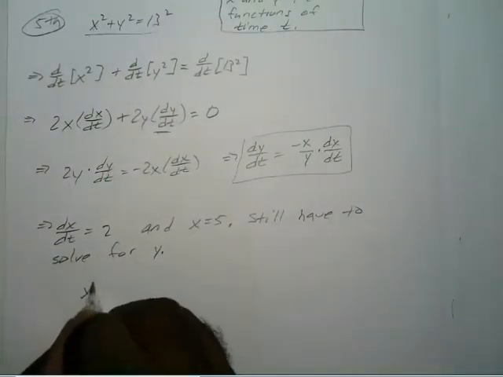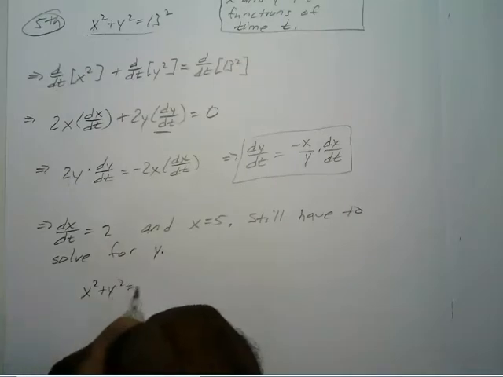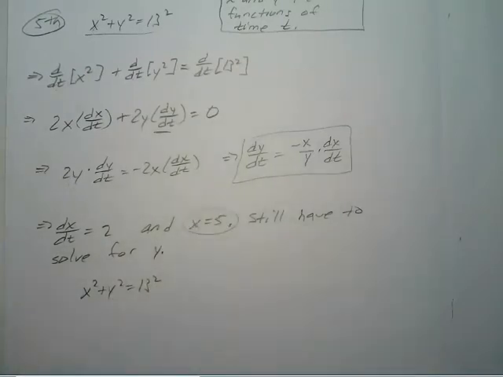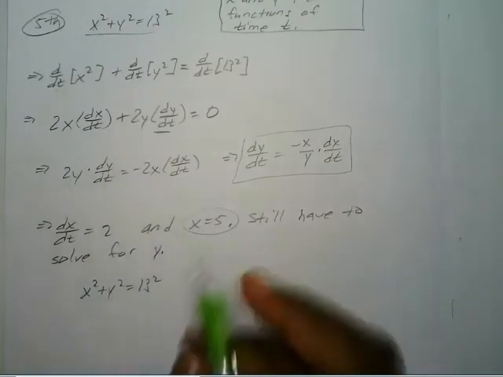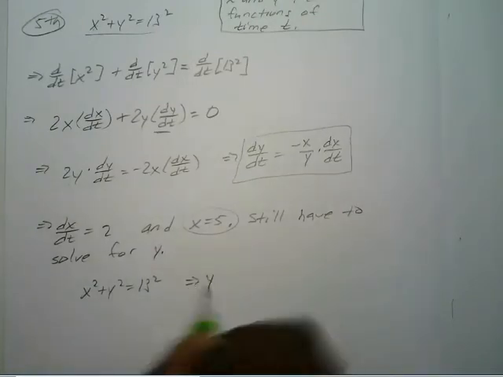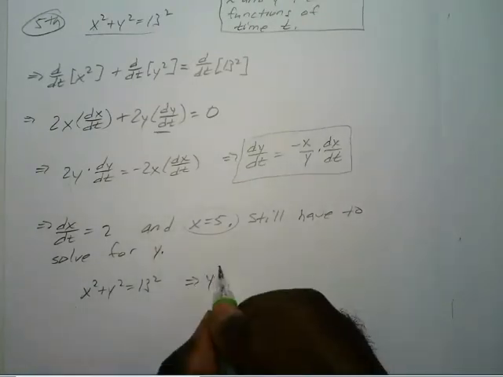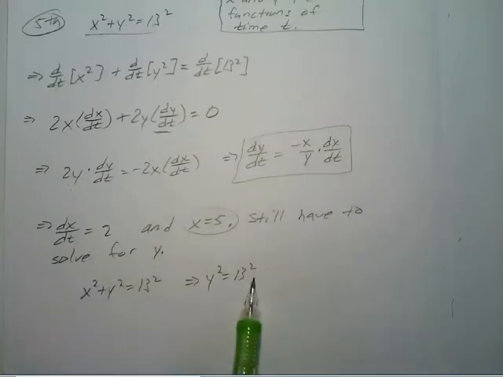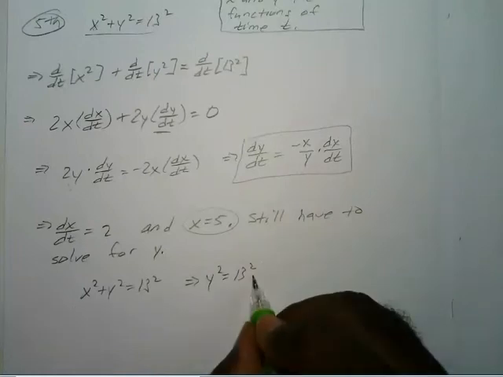Okay, so we know that x squared plus y squared equals 13 squared, and we know that x is equal to 5. So if we subtract x squared from both sides, we have y squared equals 13 squared minus 5 squared.